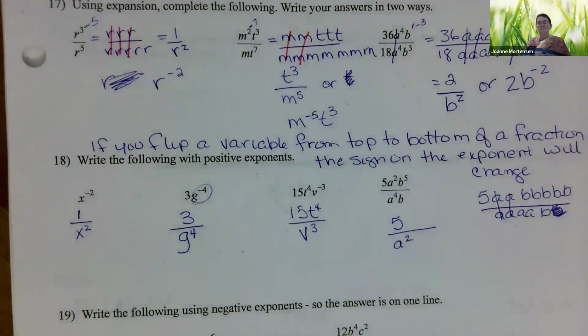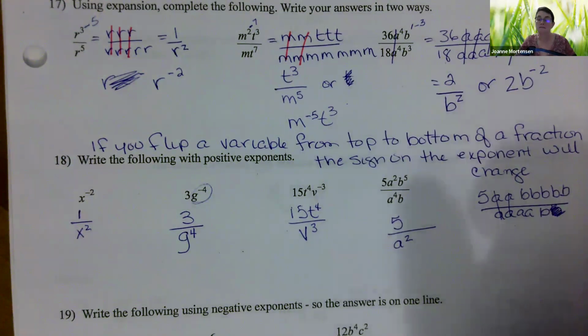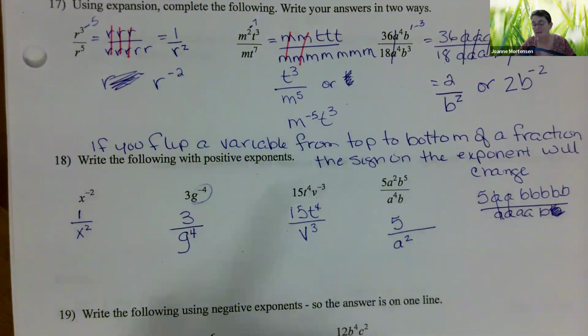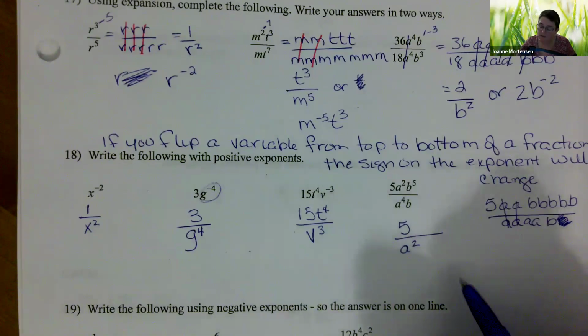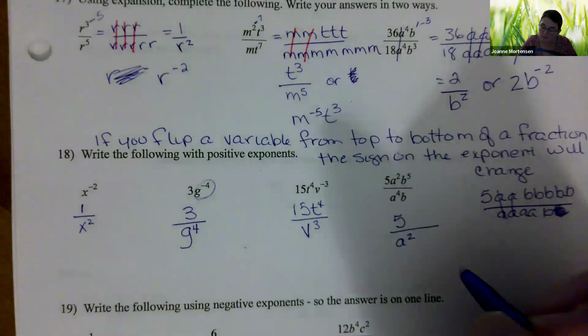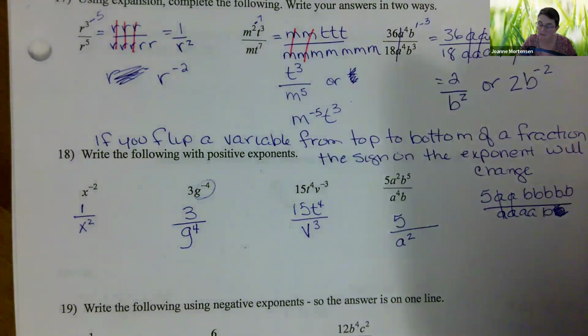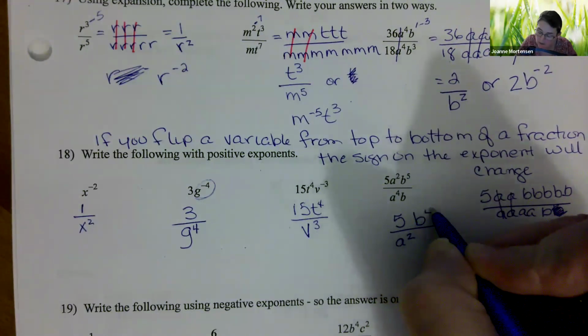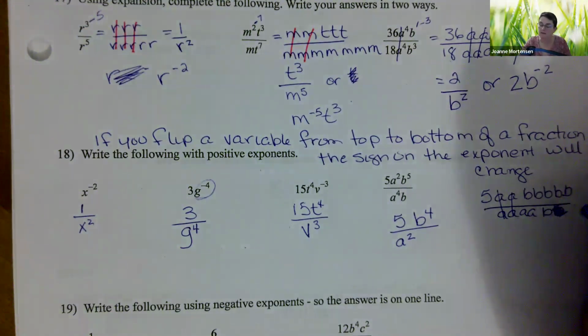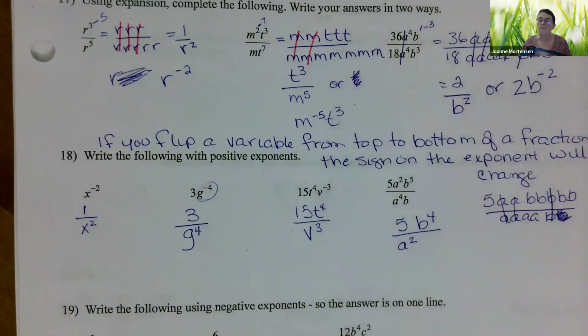I just go, there's more A's on the bottom. How many more is there? There's 2. A squared, done. I don't have to think about this. I don't go 2 minus. That's my shortcut. Now, I have more B's on the top, so wherever there's more of, that's the place where it's going to be positive. So this is going to be B4. And if I finished my question over here, that would have canceled out.